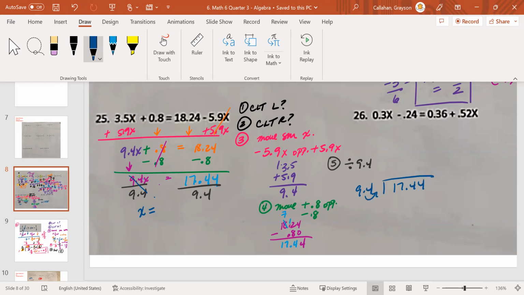Remember, you move one to the right, one to the right. Your answer should give you a 1.855. And you can stop after 3 decimals. That is your answer.